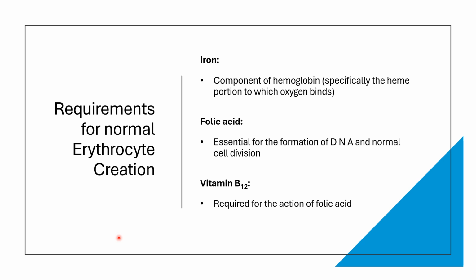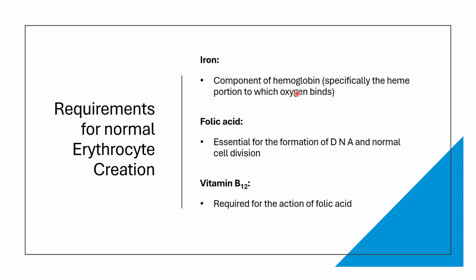Why is that? Because when we're creating a new cell, no matter what it is, in the case of red blood cells, we need the folic acid, so we have normal cell division from those precursors. So we have hemoglobin, which is a protein, a couple of different proteins that hang off the red blood cell, where the oxygen attaches.